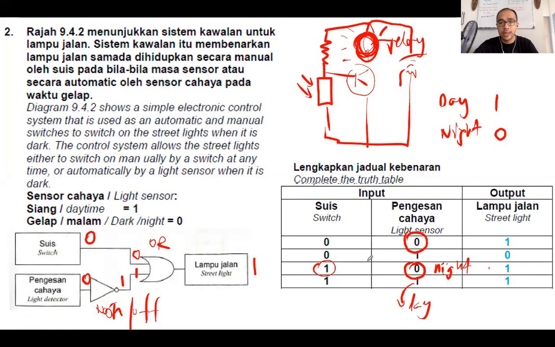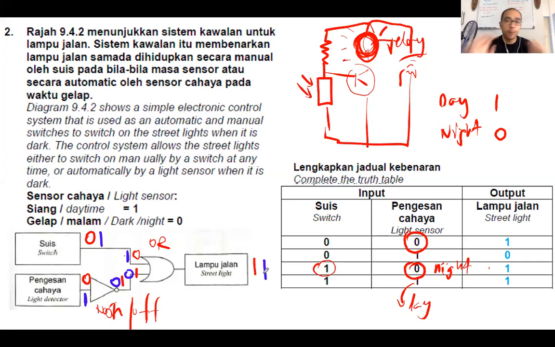Let me just show you this last one, how it gets 1. So here 1, here 1. So over here 1 flows through here. But over here this 1, when it passes through the NOT gate, it will become 0. So 0 will come here. So 1 and 0, going through the OR gate, will come out as 1.